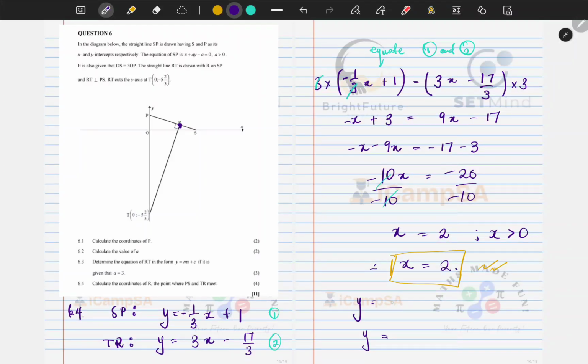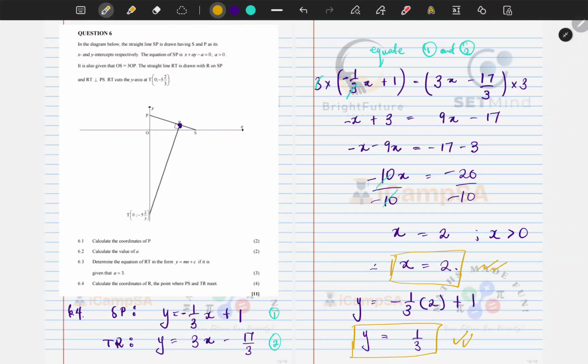So let's just do negative 3 into 2 plus 1. So your answer here, if you punch your calculator, it's going to give you 1 over 3. So this is why it's always important to check.